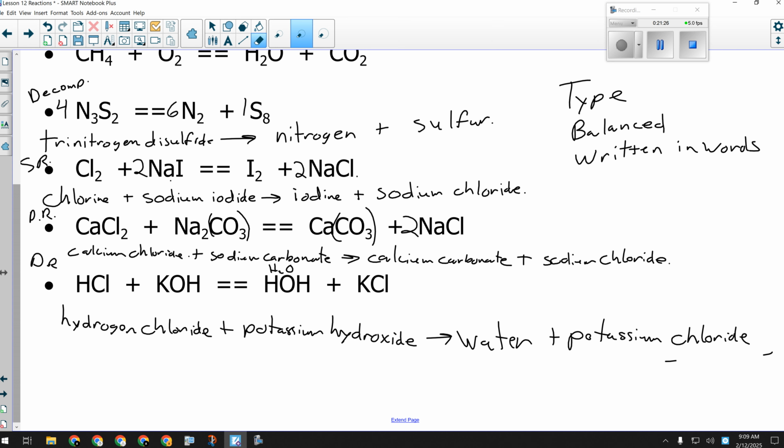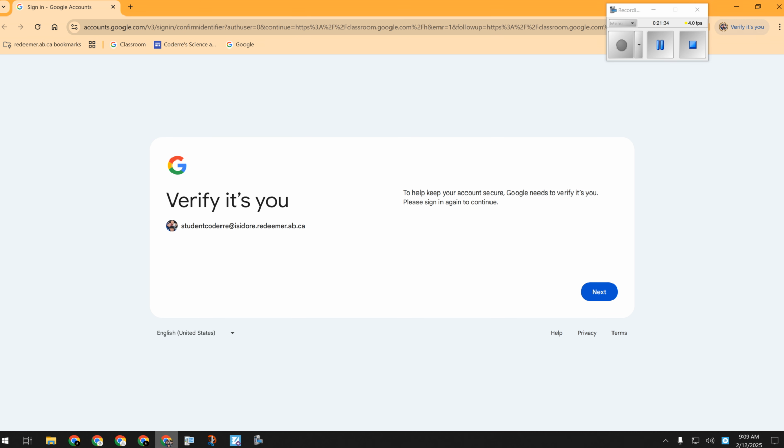On that note, if you're practicing at home, I have included the keys to all of the worksheets in the workbook in Google Classroom, so you can check as you go.